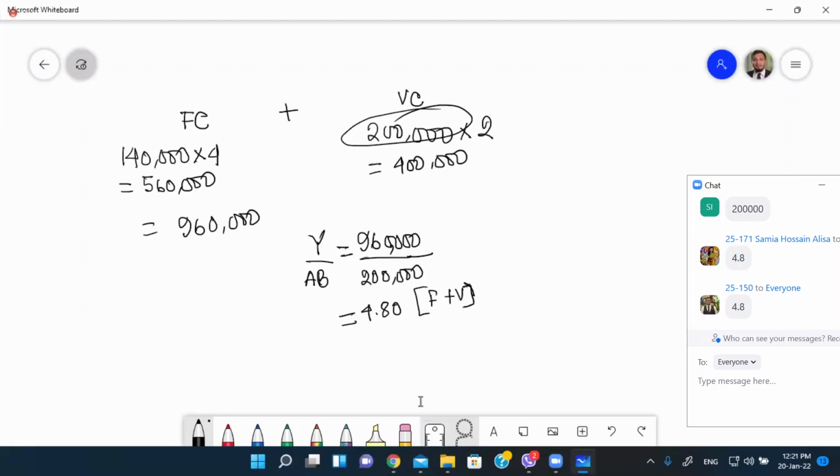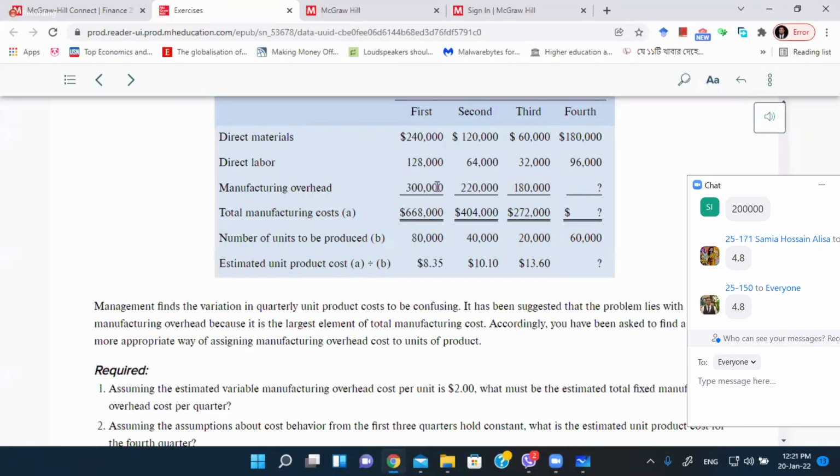Now what you'll try to do is replace this value, 300,000, with 20,000, 180,000, and this one I can't recall right now. So what you need to do is write here the 80,000 number of units to be produced.